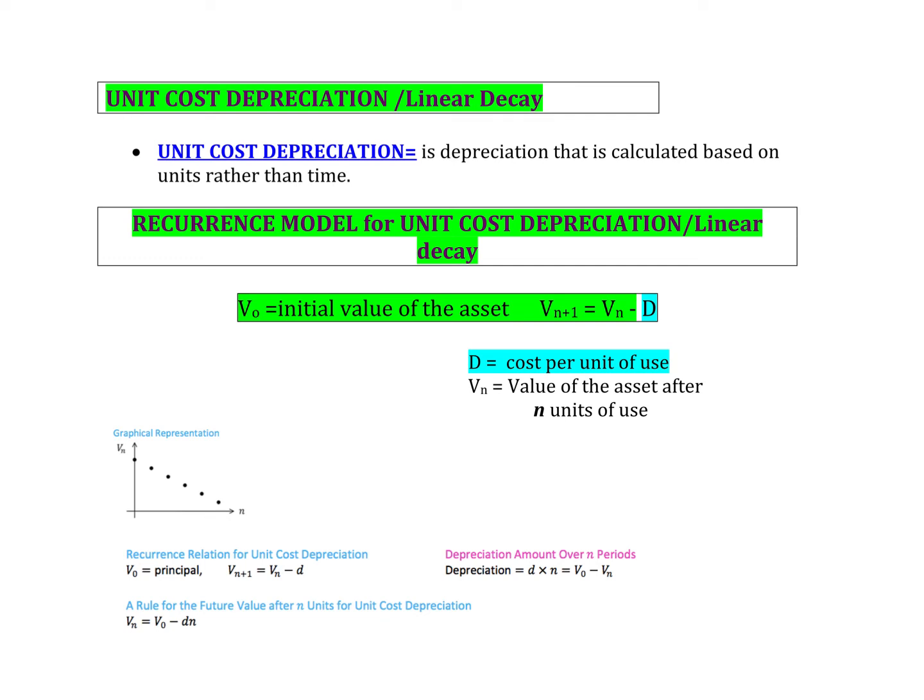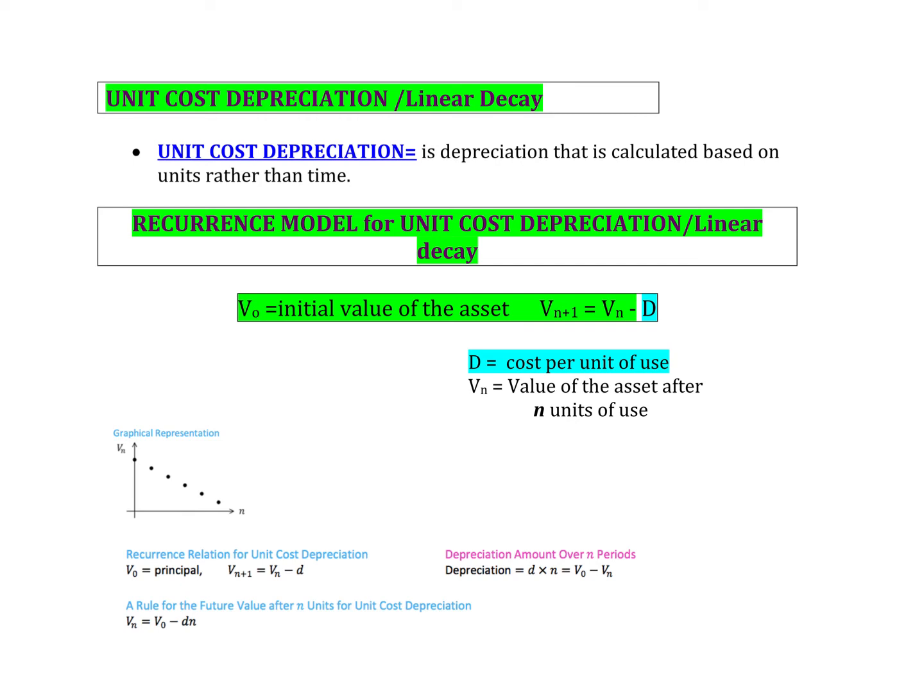It's called unit cost because every time you use the machine, it depreciates by this amount. So they will tell you what that is. There's not so much calculating it, it's just reading through the question and finding it.